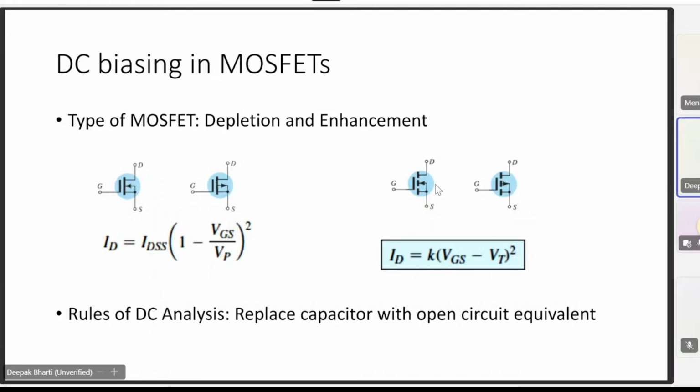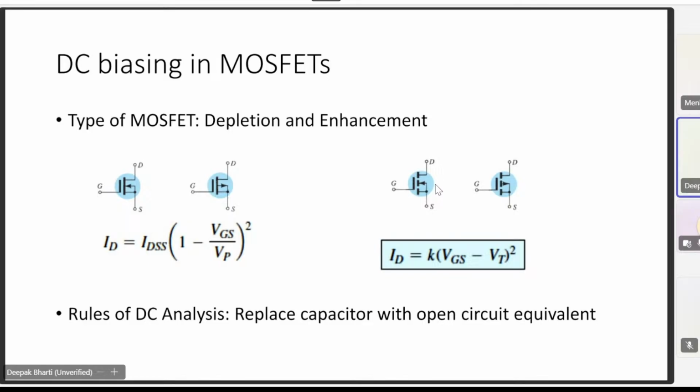Apart from this, it is also essential to understand a few rules of DC analysis. The first and most important is that wherever a capacitor is present, because when we make an amplifier circuit we generally put capacitors at the input and output ports to block the passage of DC current on either the input side or the output side, we have to put some bypass or coupling capacitors.